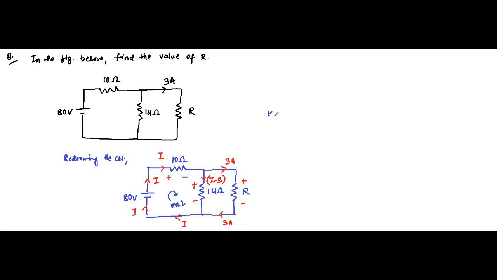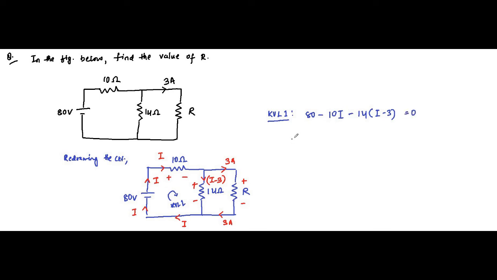So the KVL equation will be like this. 80 first, by the second sign dominating method, plus comes first, negative to positive, minus 10I, plus to minus, that's why the second sign is minus, 10 into I, the current flowing through the 10 ohm resistor, minus 14 into (I minus 3), I minus 3 flowing through the 14 ohm, second sign minus, that is equal to 0.